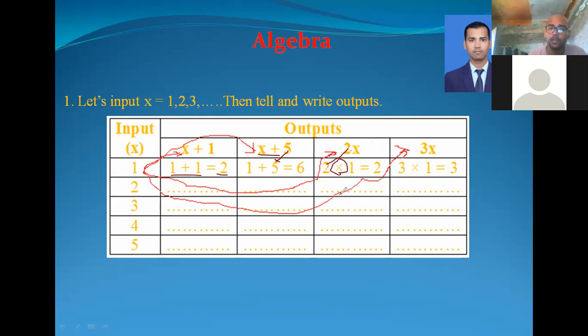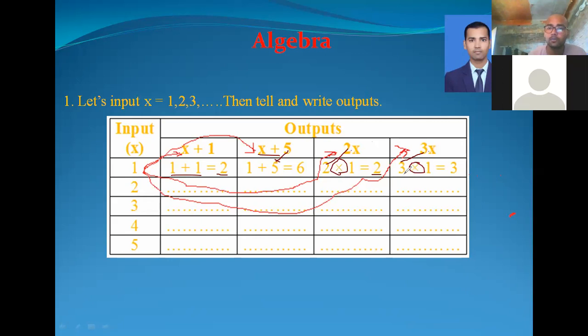In the same way, when we replace the value of x here, we copy 3 the same, and between 3 and x there is no sign given. That's why there is a multiplication sign that we have given here. So 3 into the value of x, which is 1.